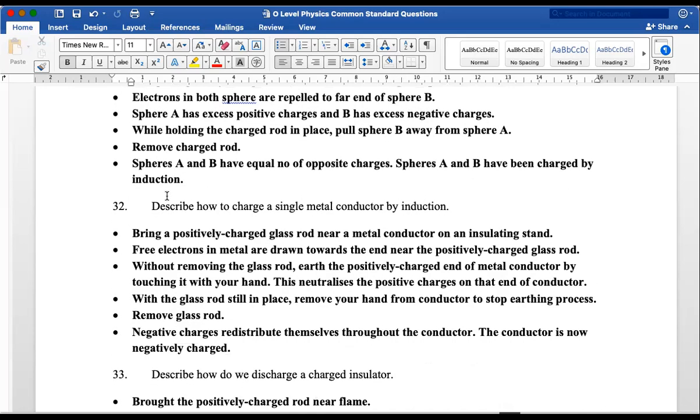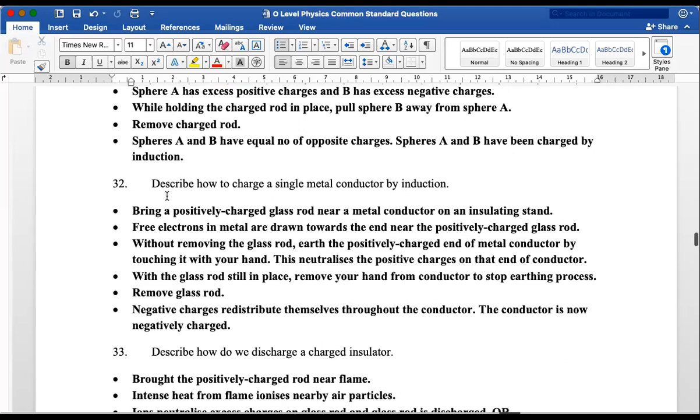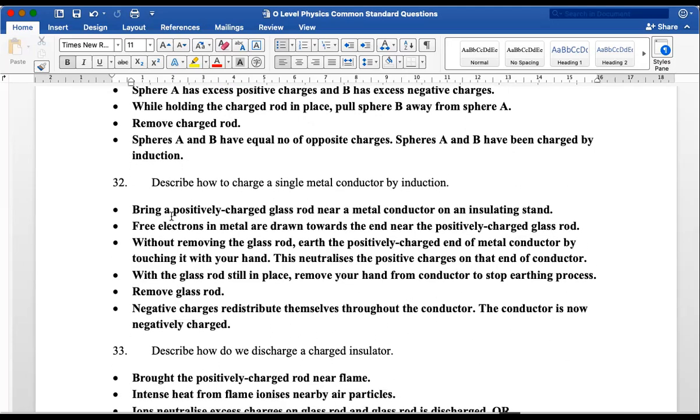Describe how to charge a single metal conductor by induction. Bring a positively charged glass rod near a metal conductor on an insulating stand. Free electrons in metal are drawn towards the end near the positive charge glass rod. Without removing the glass rod, earth the positive charge end of the metal conductor by touching it with your hand.